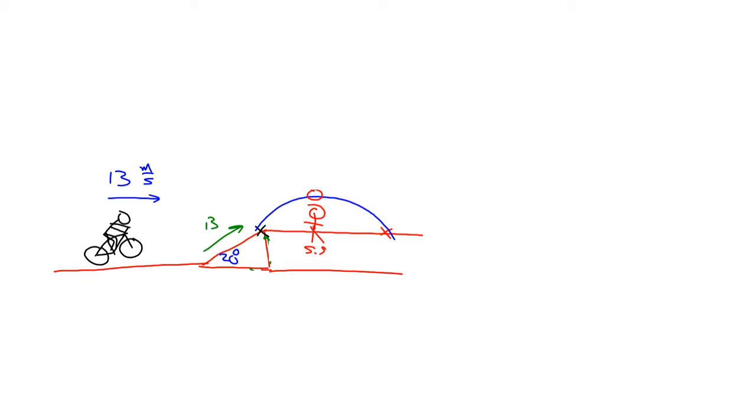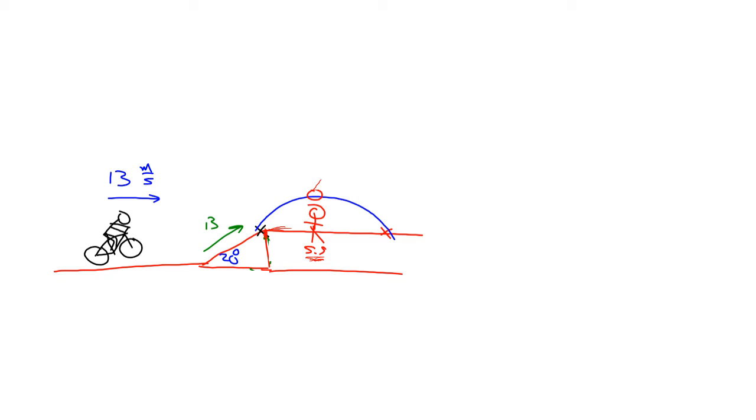Alright, so here's one. You're riding your bicycle and you're going to go off the jump, and then you are going to knock the apple off of your assistant's head. Now your assistant is 5.5 meters away from the edge of the jump, and the edge of the jump is level with the floor that your assistant is standing on.